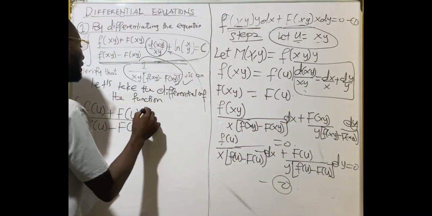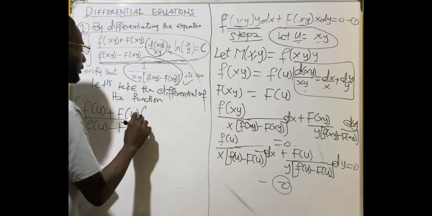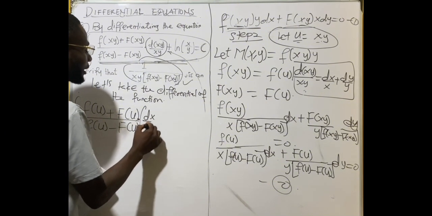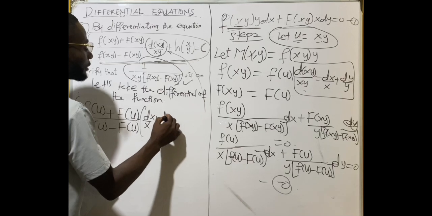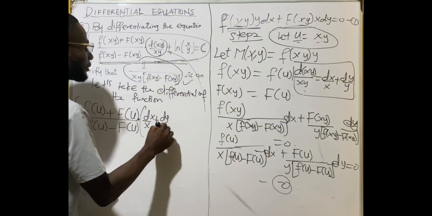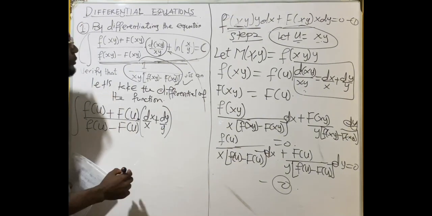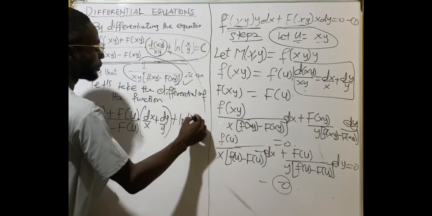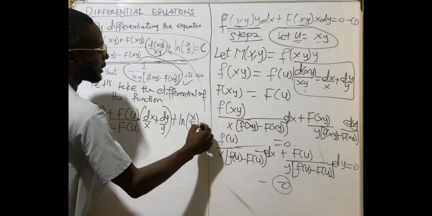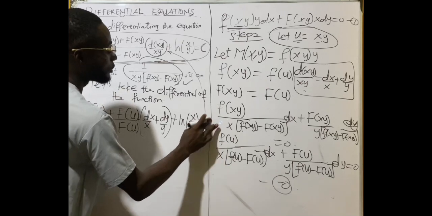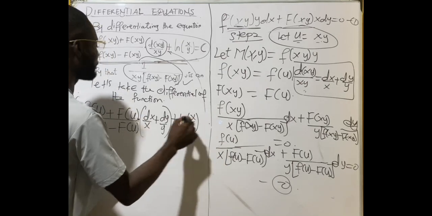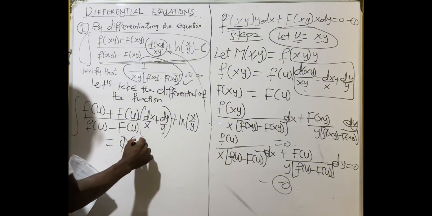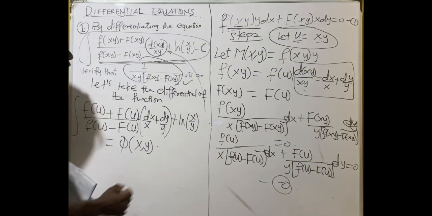So we're going to replace that, say dx over x plus dy over what? y, right? Plus ln of x over y, and that is equal to phi of x and y, right?